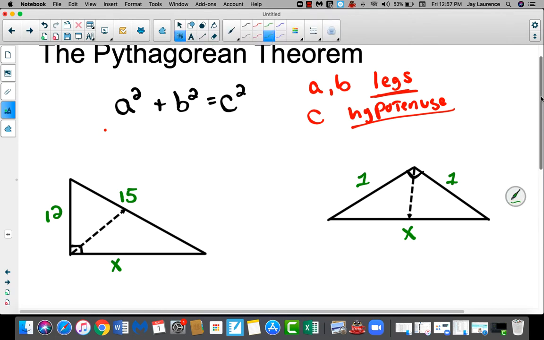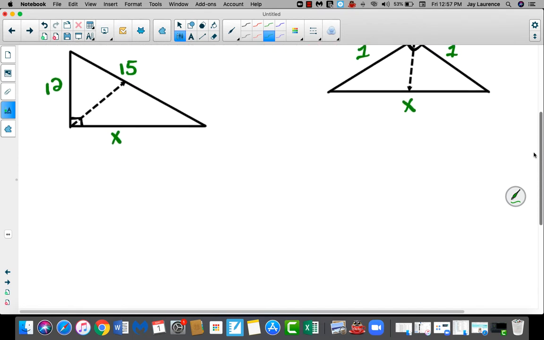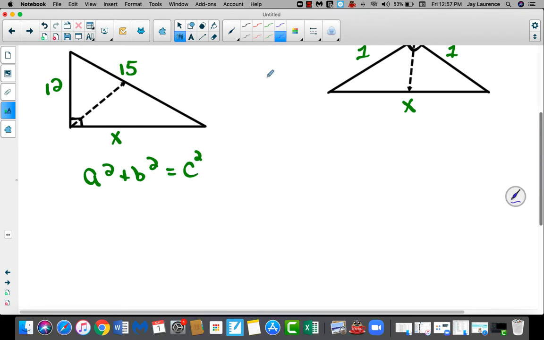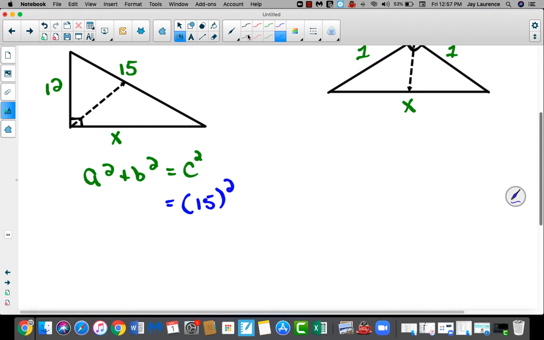Now, if I were you, if I was setting up my equation for the Pythagorean theorem, for each problem, I would write down a squared plus b squared equals c squared. And then when I did that 4, 5, 6 times, I would have the formula memorized and I would never forget it. And then I would substitute c into the equation first. Always substitute c in first.